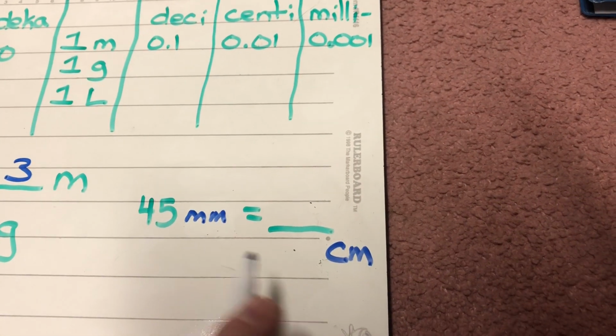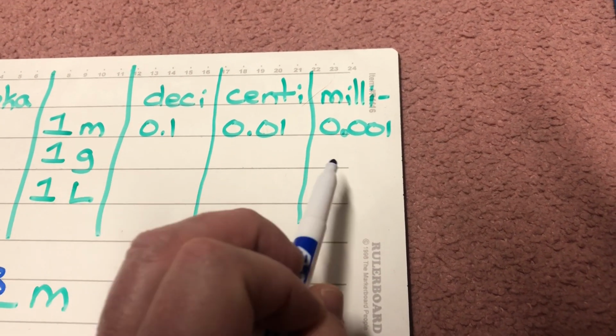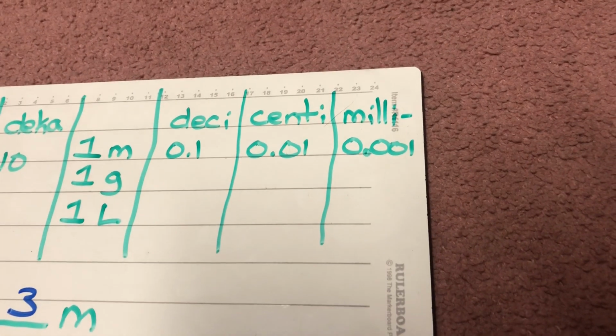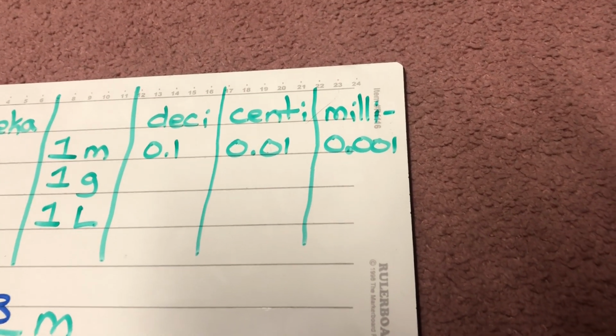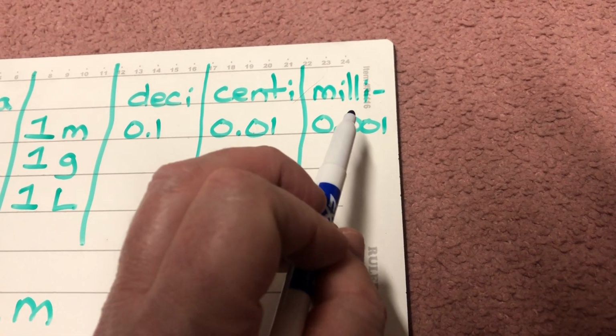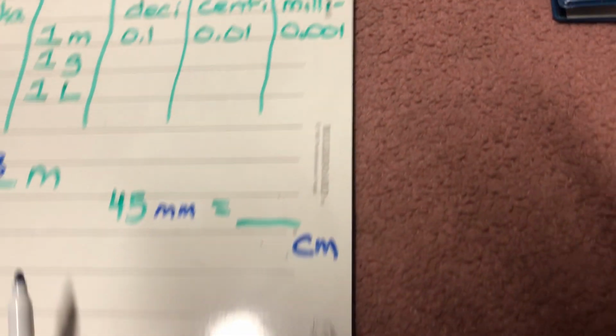So if we have 45 millimeters equals blank centimeters, we're going from milli to centi. Well, once again, the measurement is getting bigger, which means the number is going to get smaller, which means we're going to divide. Well, what are we going to divide by? Well, we're only going one place, from millimeters to centimeters. So I'm just going to divide by 10.